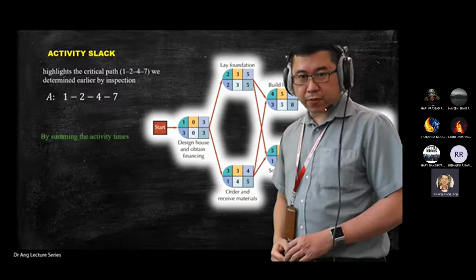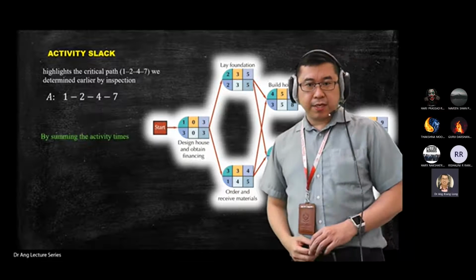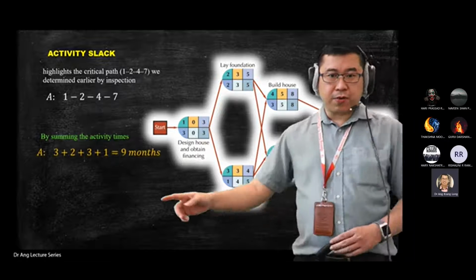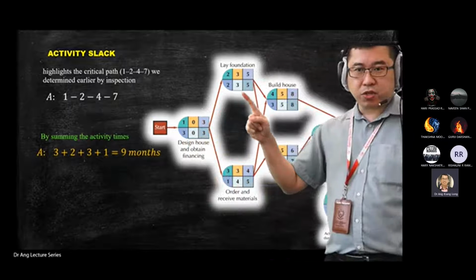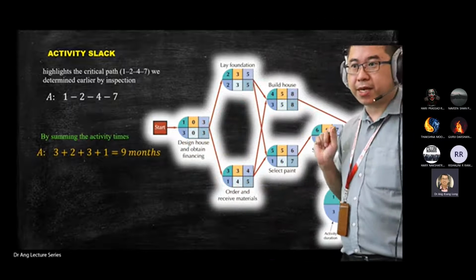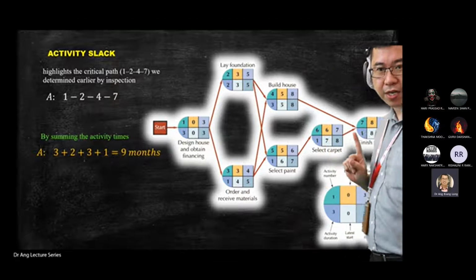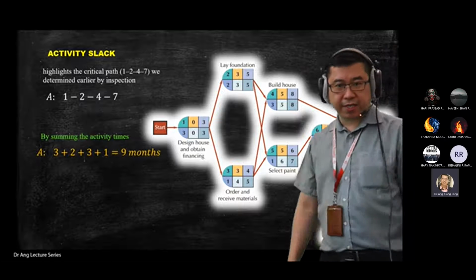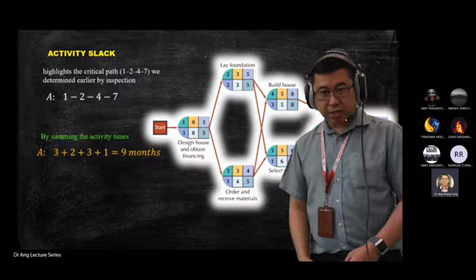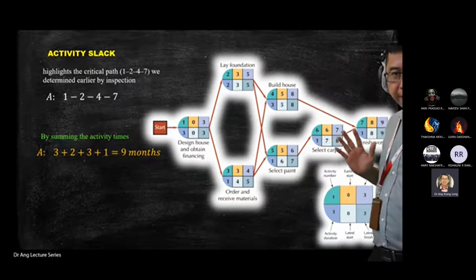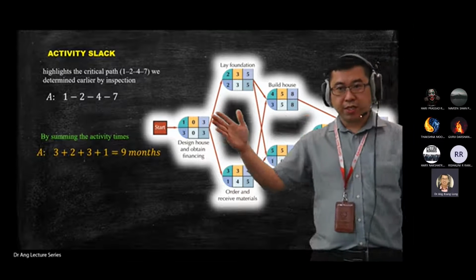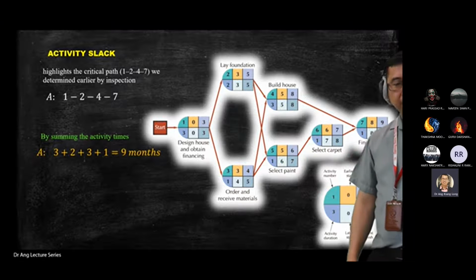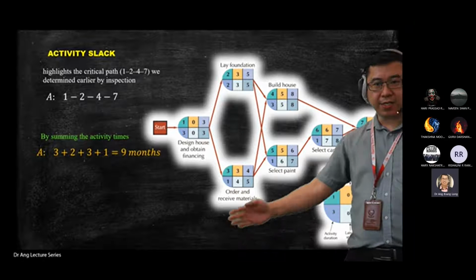So this is what we calculated earlier. We calculate the total times: 3 plus 2 plus 3 plus 1, we get 9. Again, look at your diagram. Focus a little attention on the diagram that you calculated in the previous class.